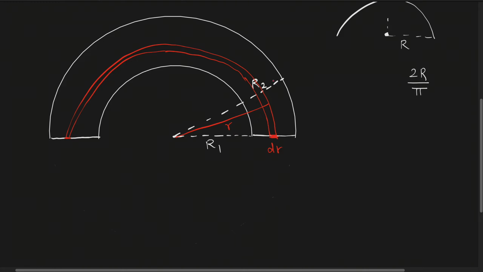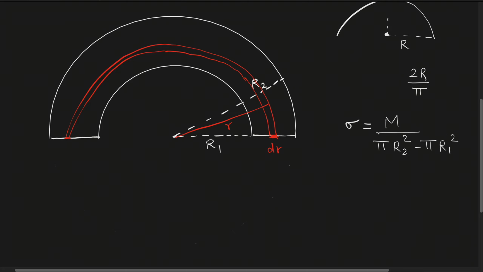Now this semicircular disc as a whole has a uniform mass distribution, right? So you have sigma, that is mass per unit area. If I assume the mass is capital M, then divided by the area. What is the area of the whole disc? It is pi r2 square minus pi r1 square.